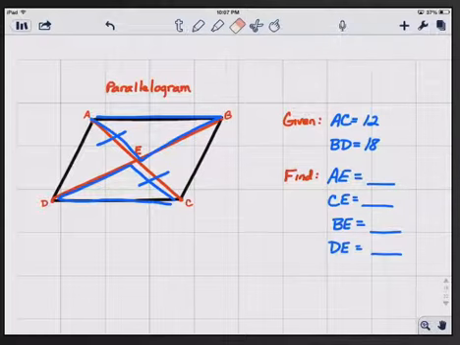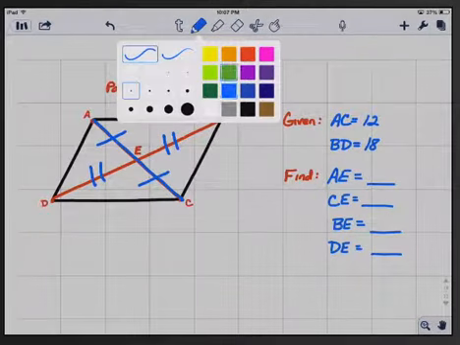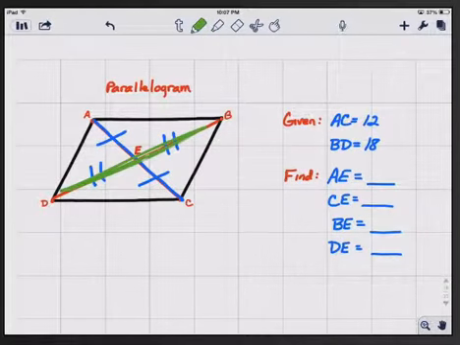That means that diagonal, segment AC, is being intersected at its midpoint. And if we look at the other pair of corresponding segments, segment DE and segment BE have to be congruent. That diagonal is also being bisected, so the diagonals bisect each other.